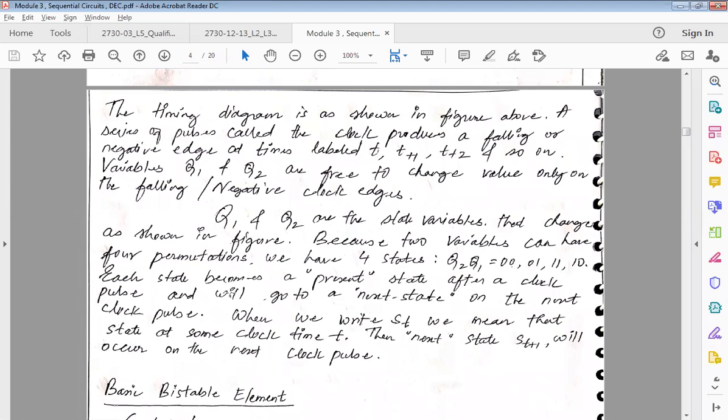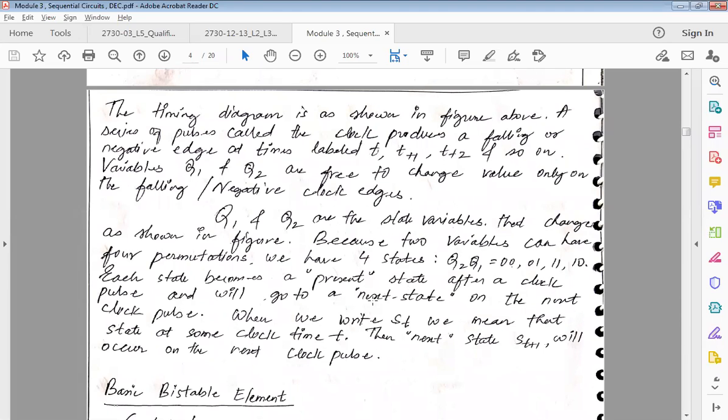Two variables can have four permutations, which are 0 0, 0 1, 1 0, 1 1. Each state becomes a present state after a clock. Once there is a clock given, it becomes a present state. Before a clock, when you're predicting what is going to happen next, you're predicting the output you are going to receive. That is going to be your next state.